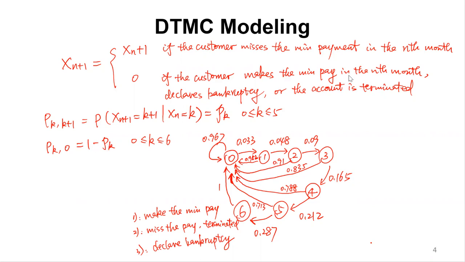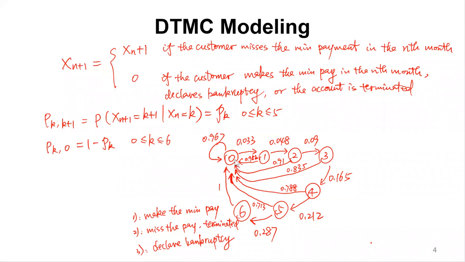If you make the minimum payment, or declare bankruptcy, or the account is terminated, the probability of all these 3 is 1 minus P_K. This is P_K. Okay, so let's see the 3 conditions.